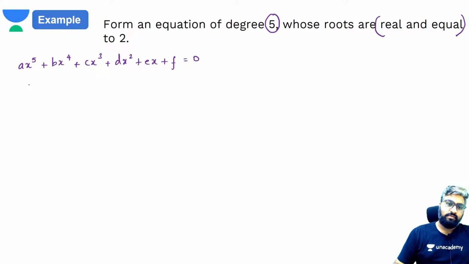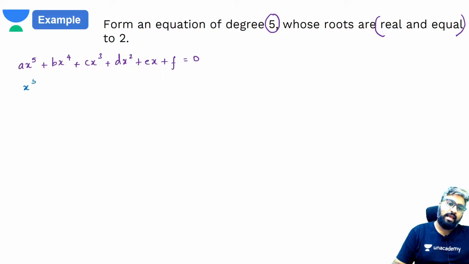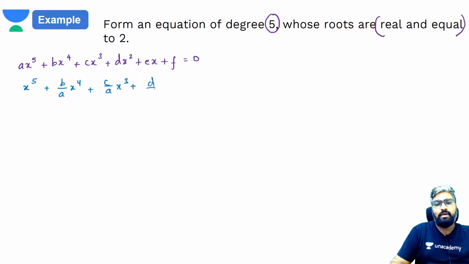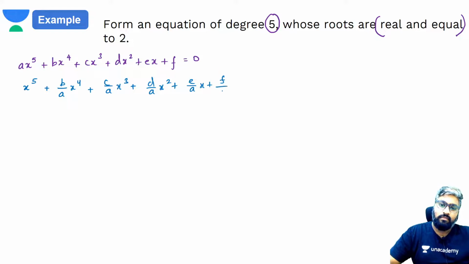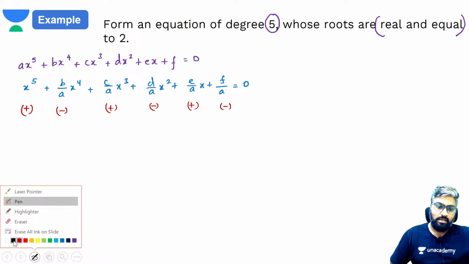Degree 5. I will do the usual work, dividing by a: x power 5 plus b by a x power 4 plus c by a x cube plus d by a x square plus e by a x plus f by a is equal to 0. And I will also assign the signs starting from plus here, minus, plus, minus, plus, minus.